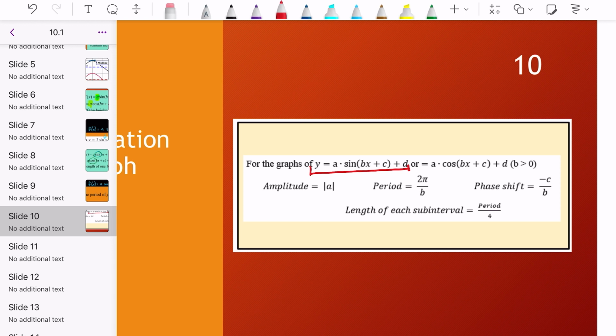Once again, it goes over amplitude being the absolute value of a. The period is 2 pi over b. The phase shift is negative c over b. And the length of each subinterval is the period divided by 4. Using these equations, you're going to go ahead and work on slide 11. What I would suggest, pause the video now, work on slide 11, and find your answers.